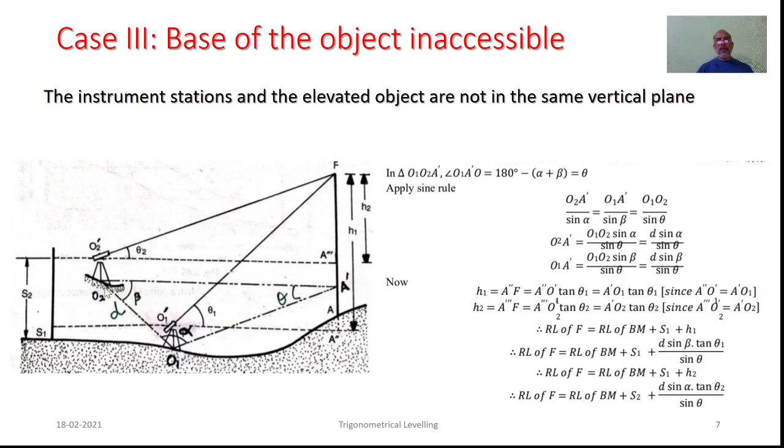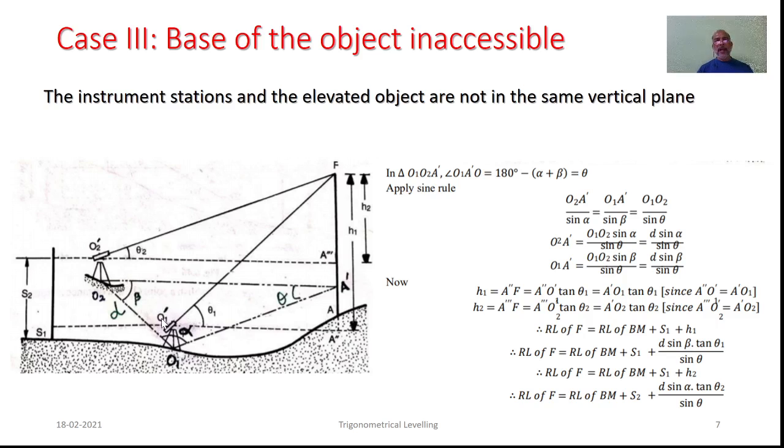So if we consider this particular plane triangle O1 O2 A dash, the angle subtended at A dash, theta, can be expressed as 180 degrees minus (alpha plus beta).